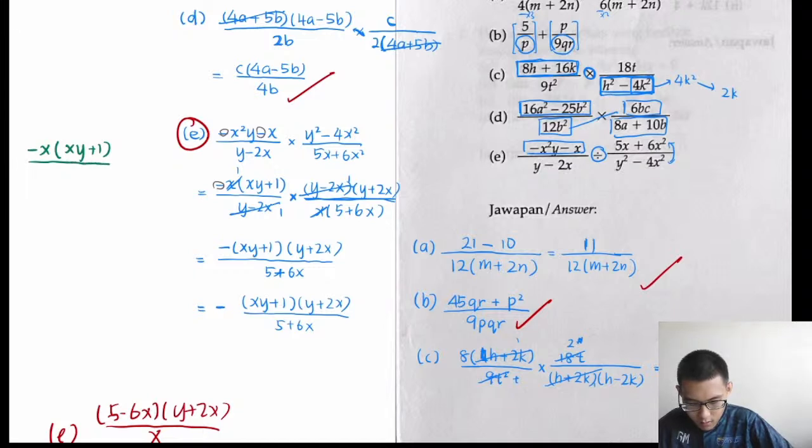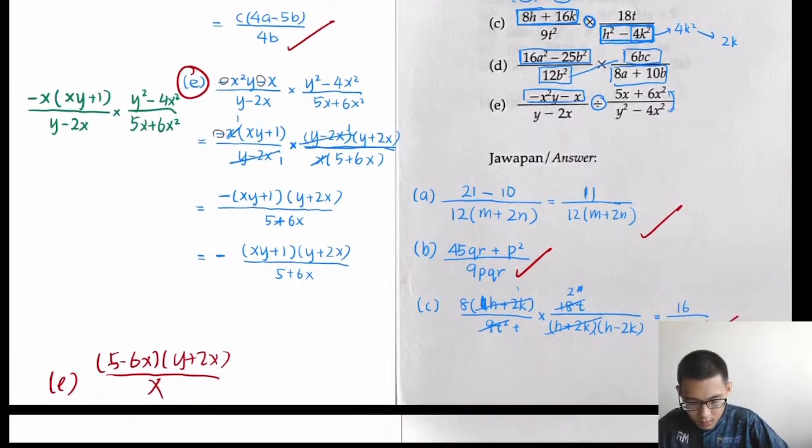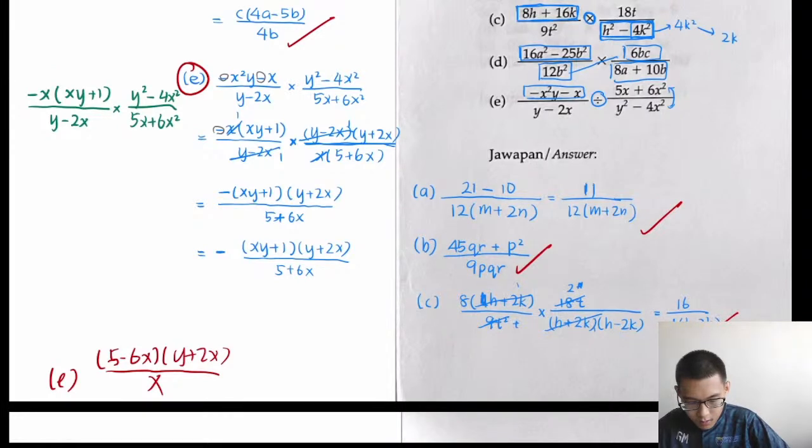Okay, divided by (y minus 2x), times y squared minus 4x squared, divided by 5x plus 6x squared. This one should be like that. You see the 5 and 6x squared, so the answer should be this, but the answer given is 5 minus 6x squared. I don't know why, so later I will see. Maybe I will look at the answer, why it is incorrect. Maybe sometimes the answer is incorrect.